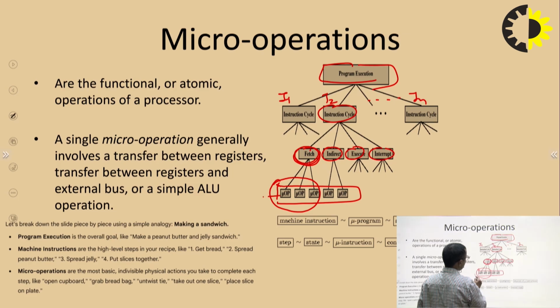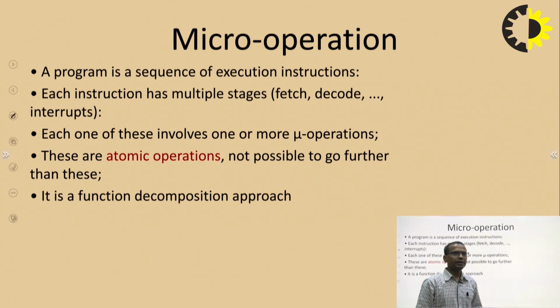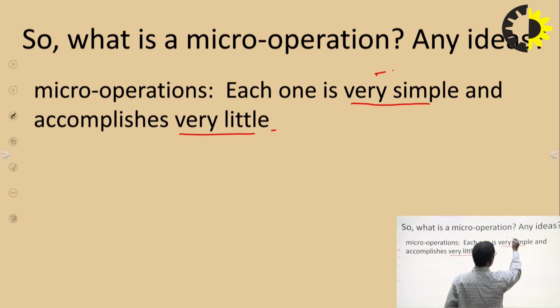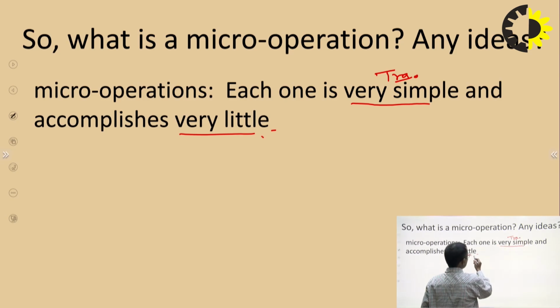This micro operation performs a very simple and very little thing. So what is the simple thing? It is doing just a transfer operation, and very little means moving from one register to another register.